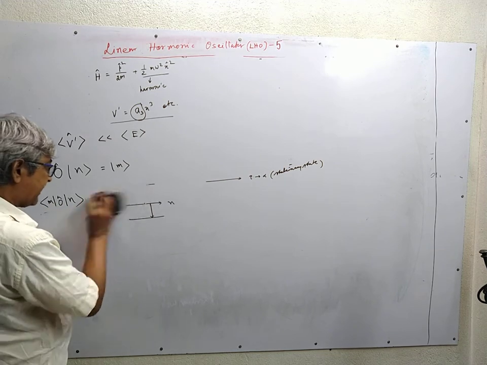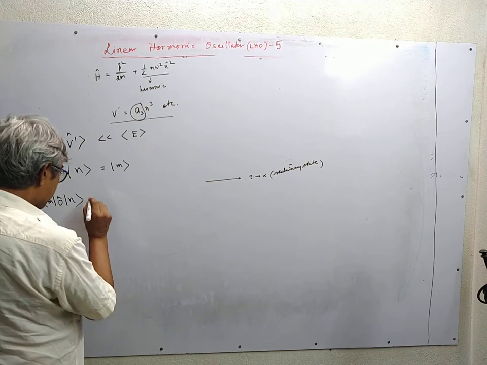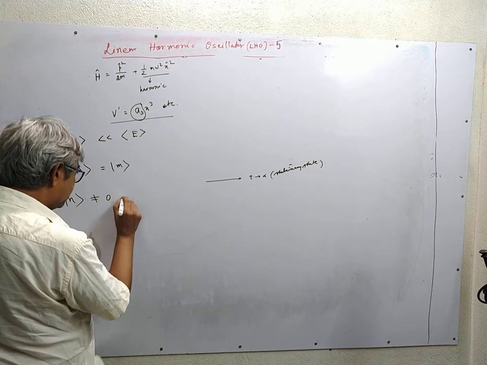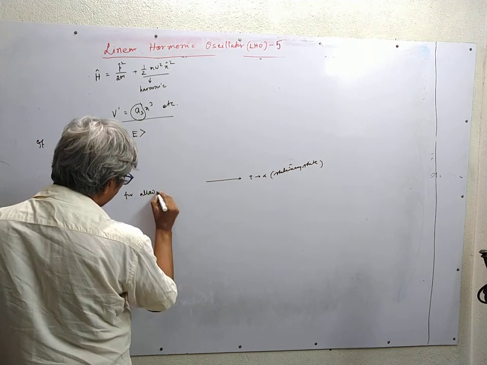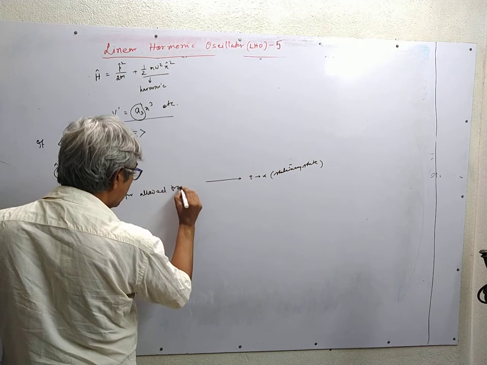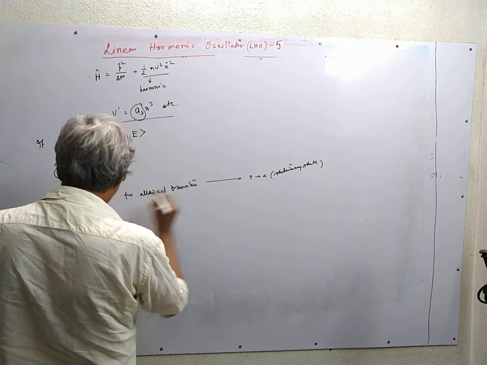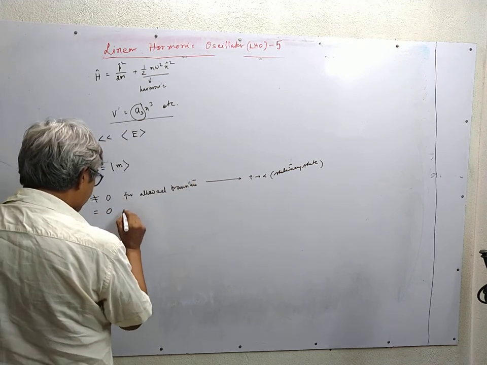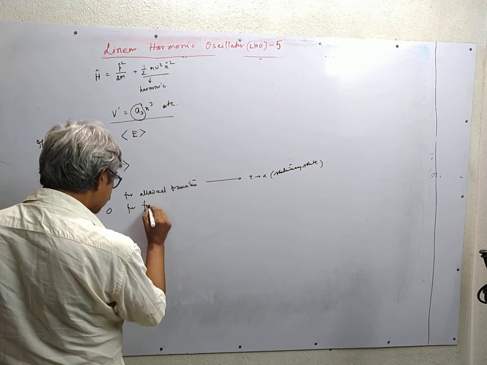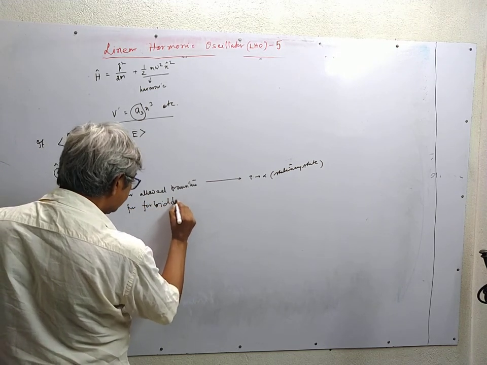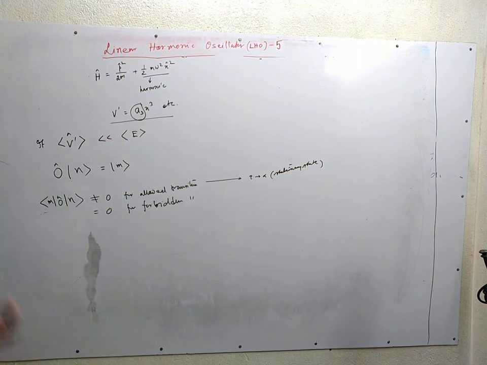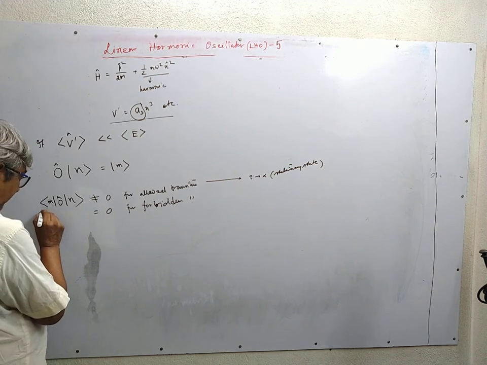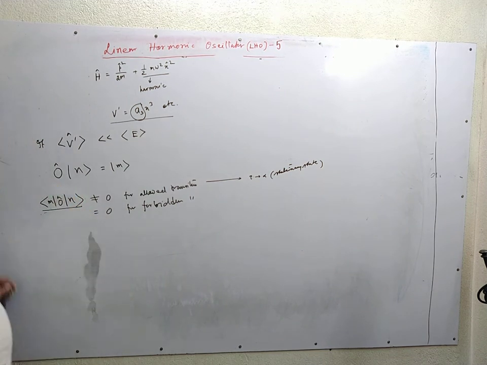So this matrix element will not be 0. This is not equal to 0 for allowed transition, and is equal to 0 for a forbidden transition. So whether a system can go from one state to another state can be determined from the matrix element of the interaction.